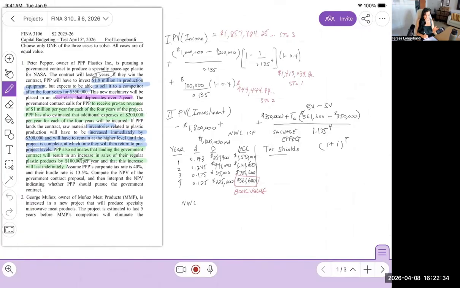Net working capital. And we have the years, right? So I write the years across. 0, 1, 2, 3, 4. And remember, immediately, it's going to be 300,000 that we need. And it stays at 300,000.